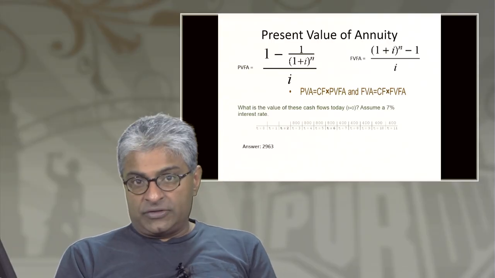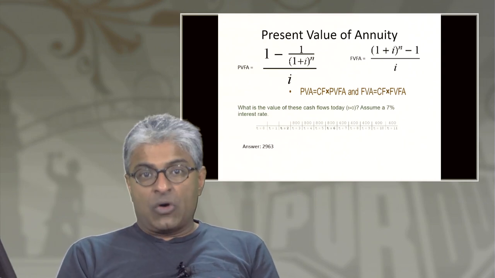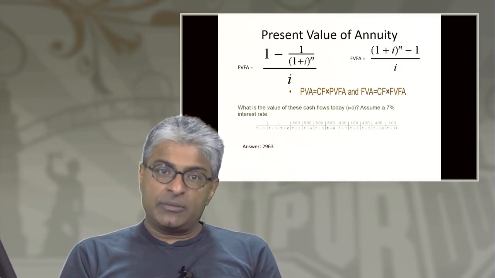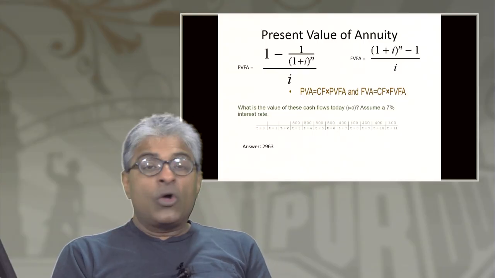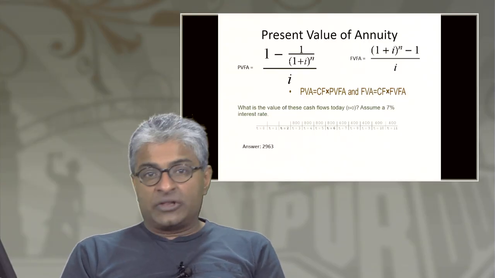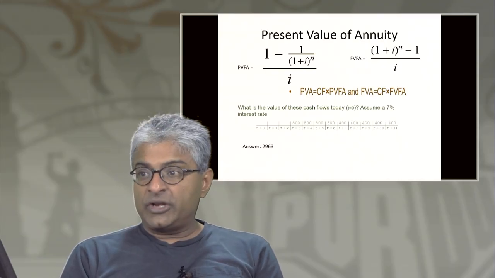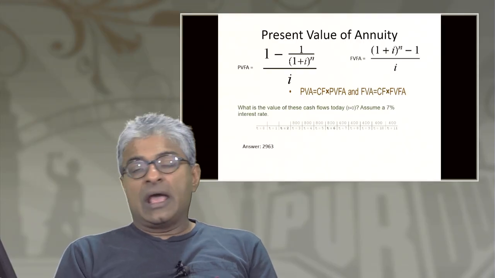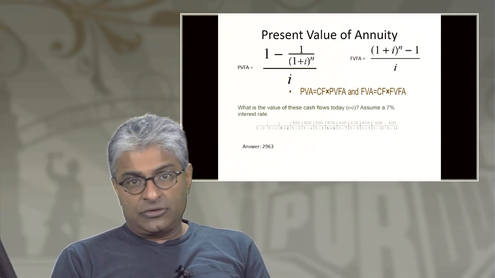The same goes for the future value factors as well. Also, all financial calculators have these programmed in. All you have to do is put in the i value, the interest rate, and the n, and it'll compute the factor for you automatically.